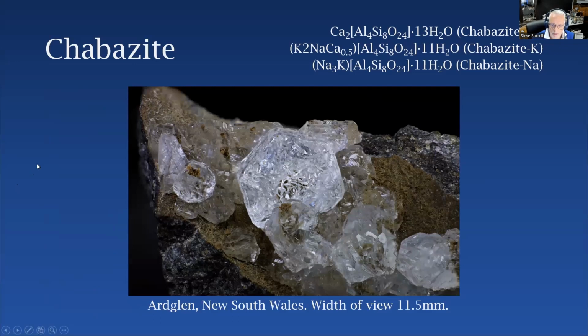Ardglen is one of the better known New South Wales deposits. Chabazite, when it's untwinned, almost looks like cubes. The angles are just slightly less than 90 degrees, and it can look like cubes.